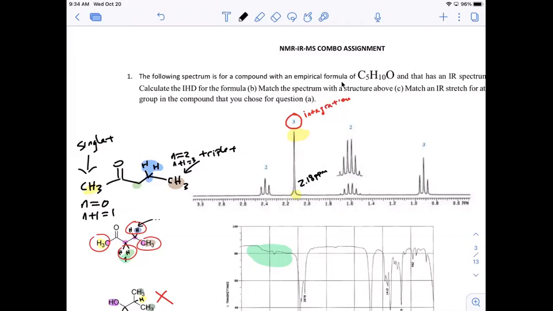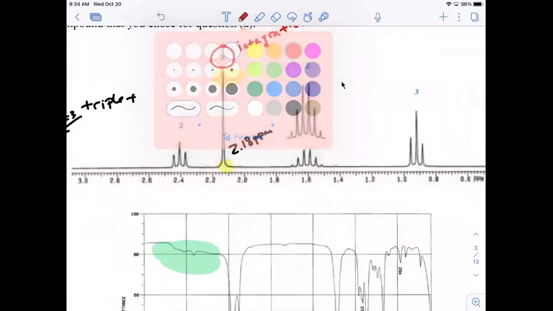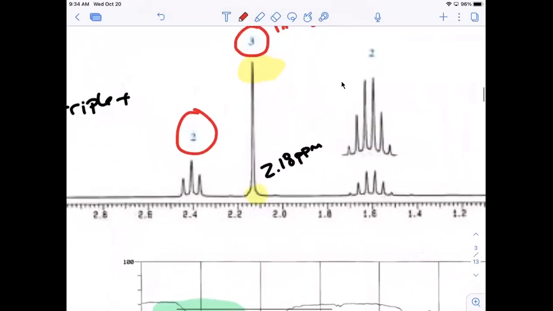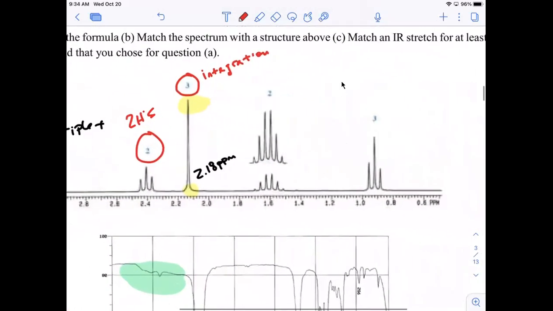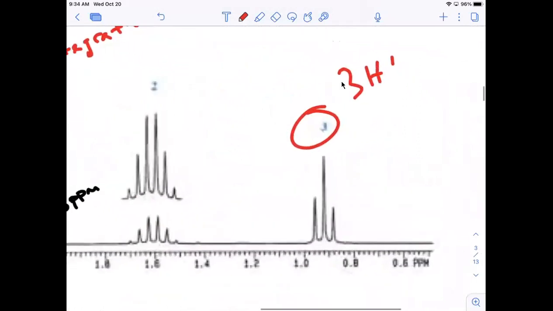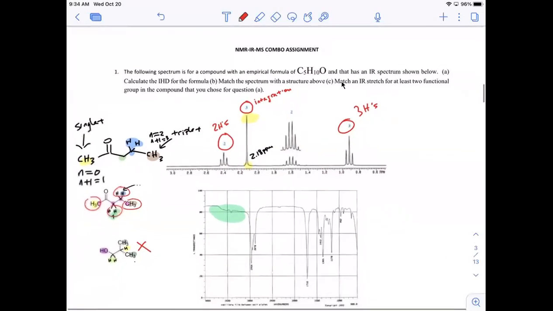But the other one is right here. It's the integration. Look at the integration. This triplet has an integration of 2. So that means that's representative of 2 hydrogens. This triplet down here is an integration of 3. So that's 3 hydrogens. So which set of protons do you think that signal represents?